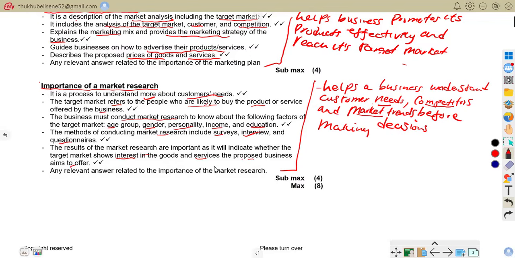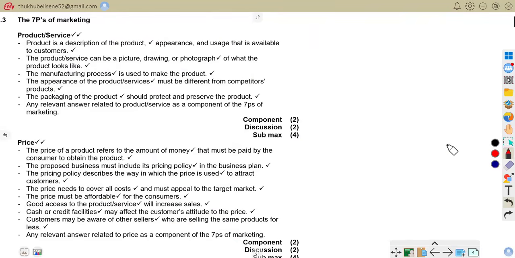So it is very important because with the research, we'll know if our products or services are going to make it in the market. And you're going to know that by the interest that is going to be shown by the market or by the potential customers if they are there. So that is very important. Any relevant answer is going to be accepted.